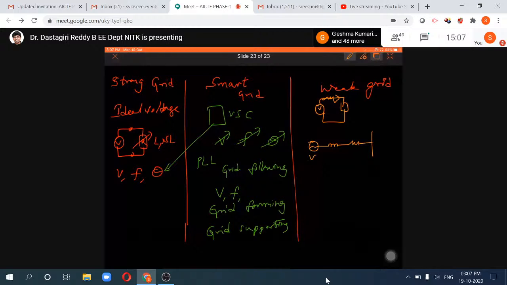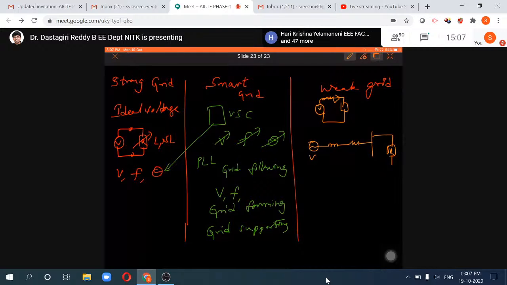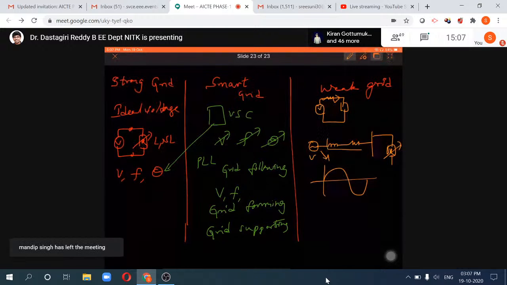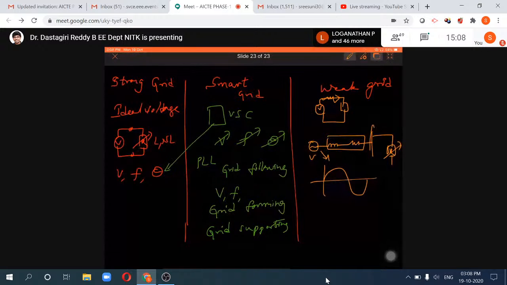What happens is, whenever there is a load, if there is a nonlinear load or a variable load, it depends on the load. If your voltage here is a sine wave, and you draw a nonlinear current, there will be a nonlinear drop across this impedance. So what you see at this location will be quite different, based on the load.